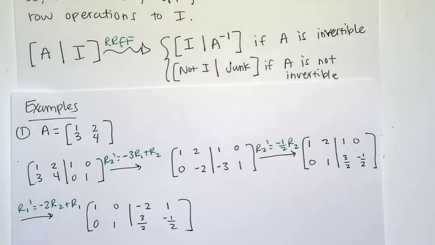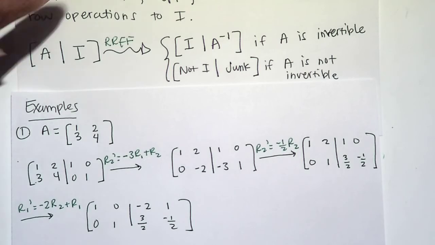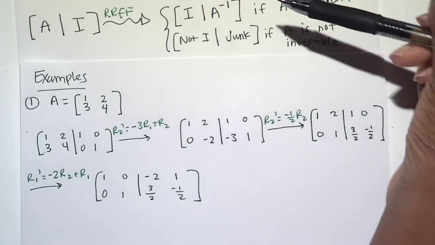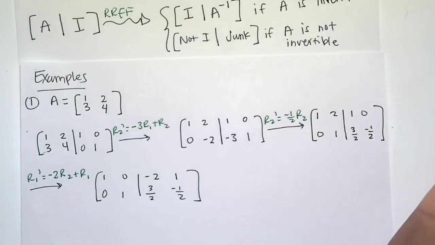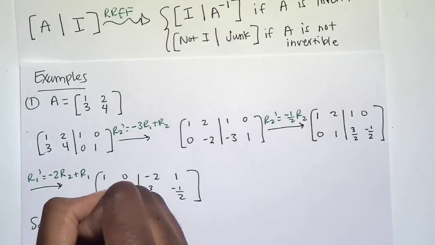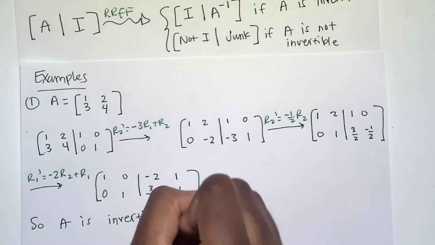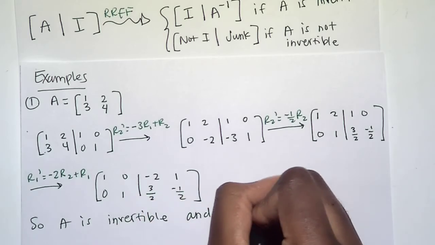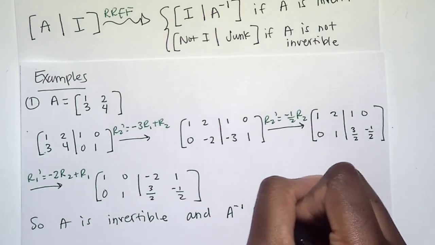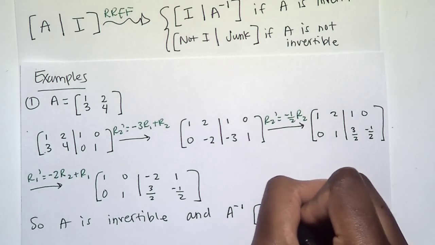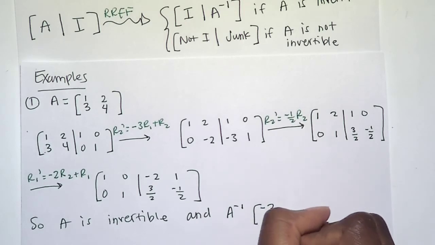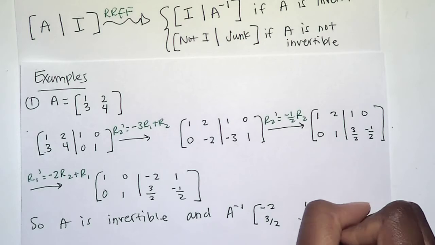All right, what does the result look like? Looks like we have identity on the left side, so that means A inverse is on the right side. So we're in this first situation. A is invertible, and A inverse is -2, 3/2, 1, -1/2.